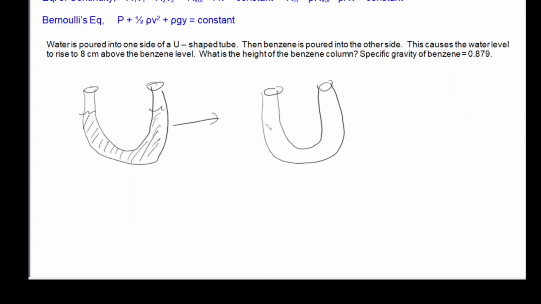And let's call this the benzene. And this will be our water. And we're given the height difference between these levels is 8 centimeters.